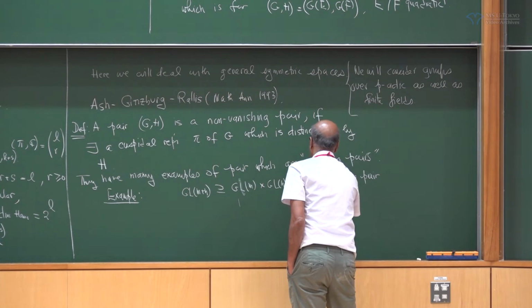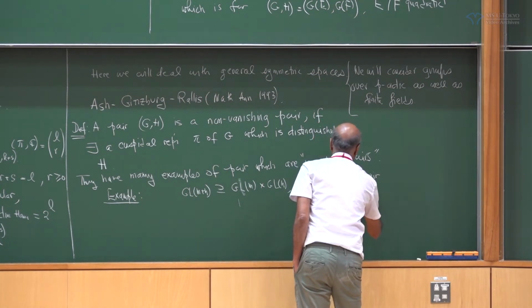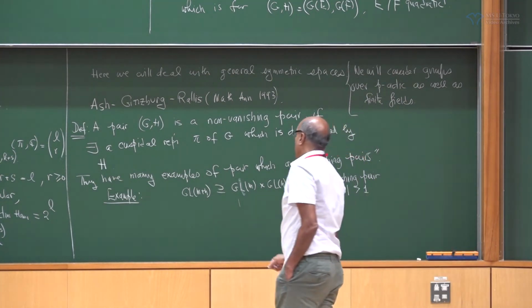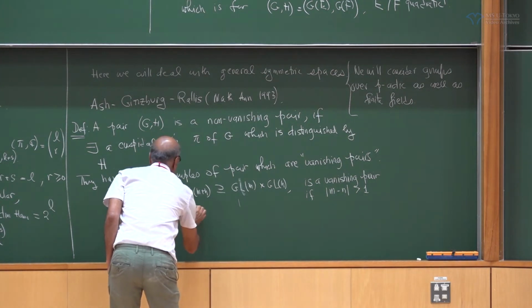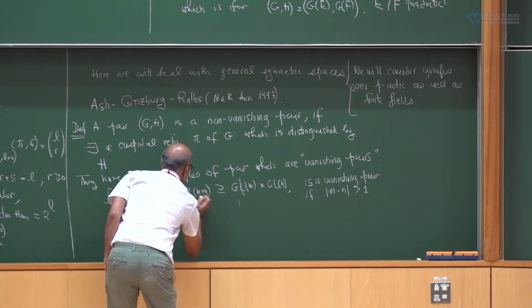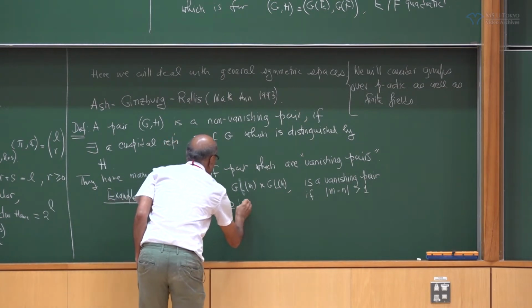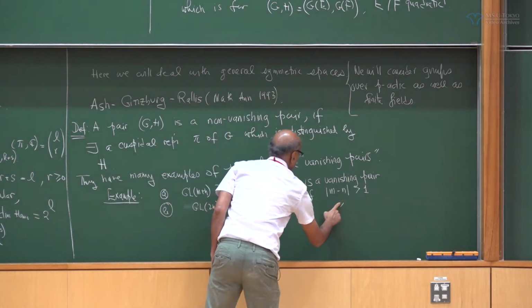if the absolute value of m minus n is greater than 1. So also, GL_2m contained in Sp_2m is also a vanishing pair.